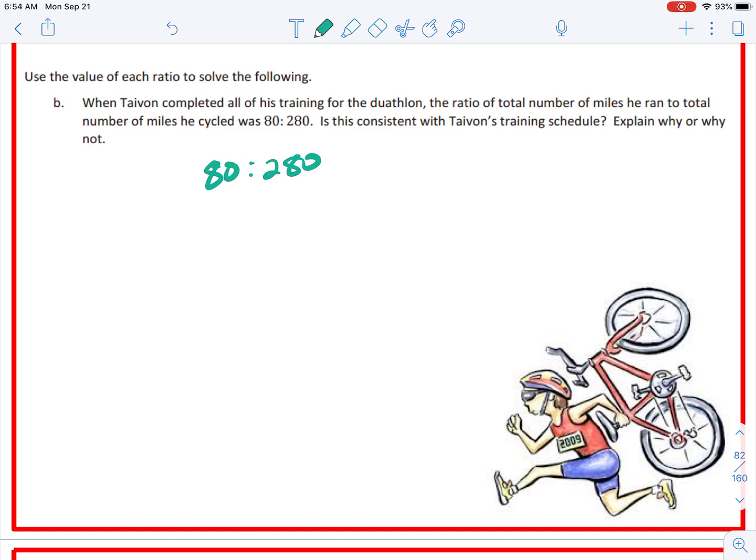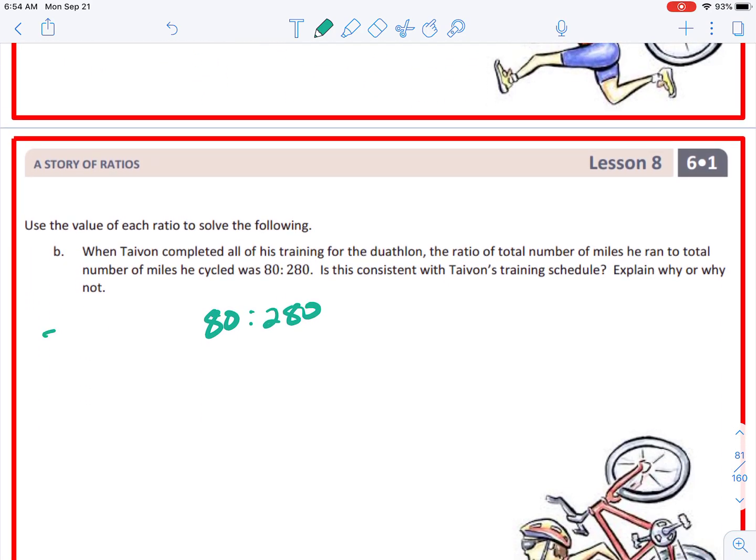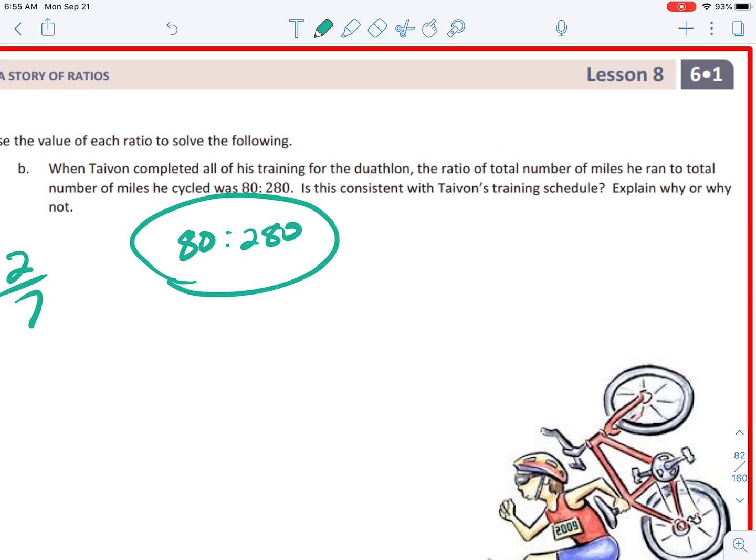Is this consistent? So we saw on letter A that his value was 2 to 7. So we need to figure out if 80 to 280 is 2 to 7. So let's figure it out. 2 to 7, 80 to 280.